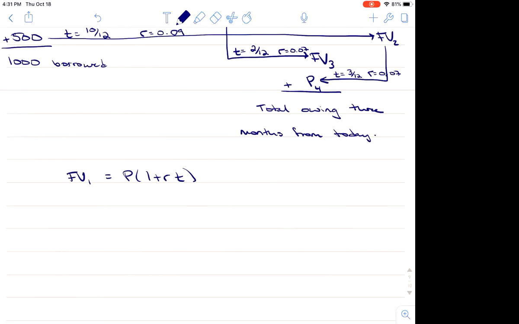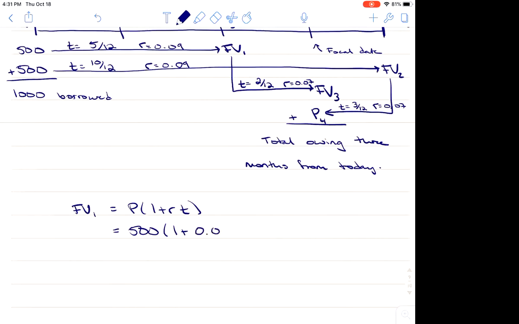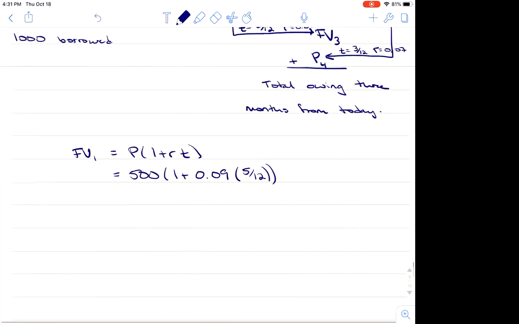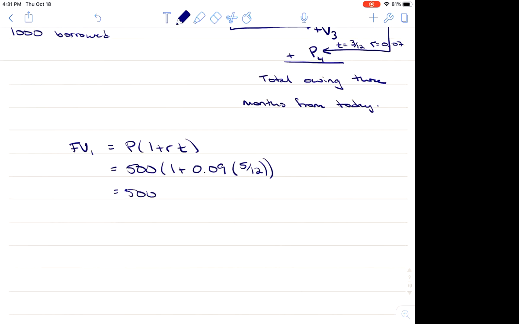So we've got future value 1. We have a principal amount of 500 times 1 plus R, which is 0.09 for this one, times 5 out of 12. Five out of 12 times 0.09 plus 1 gives 1.0375, times 500, is 518.75.